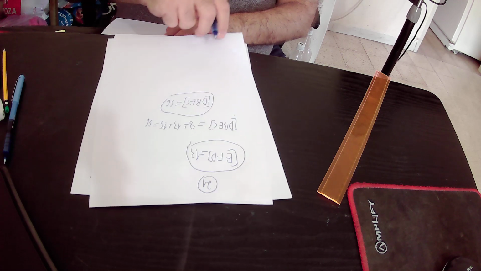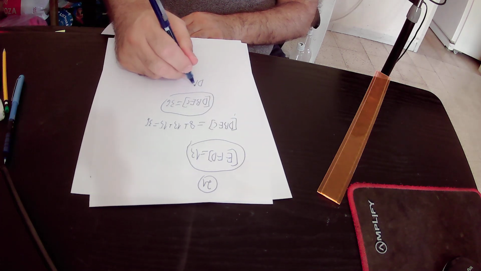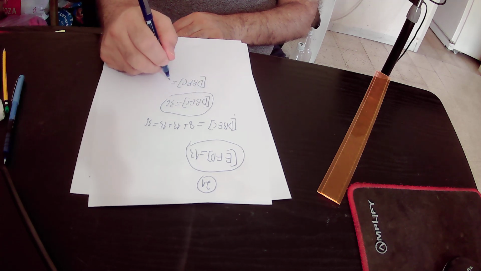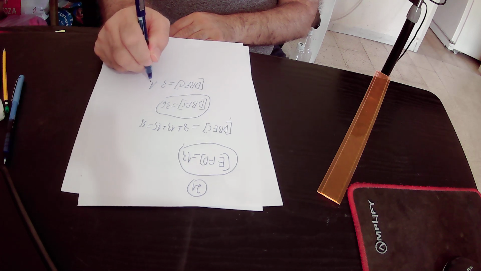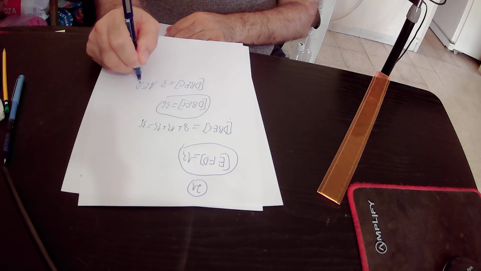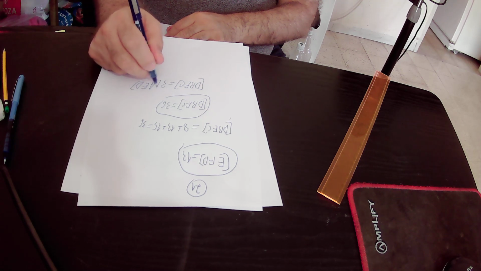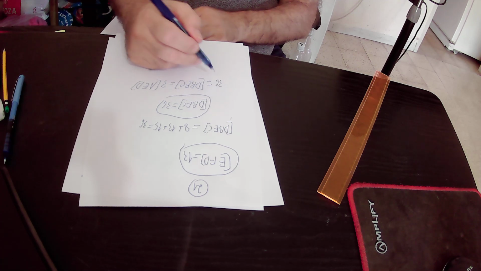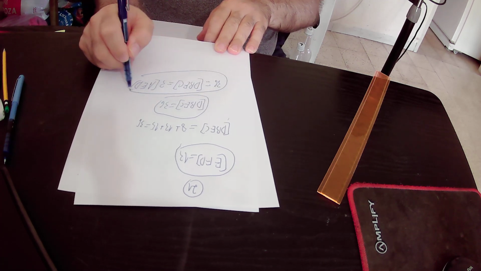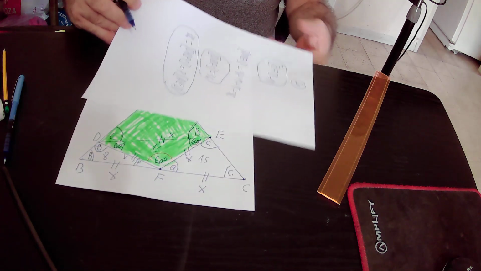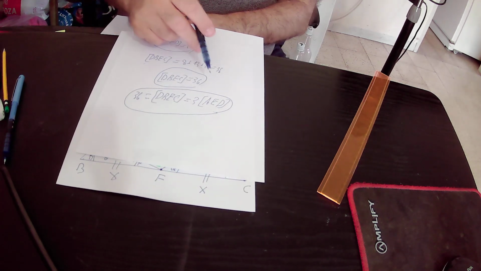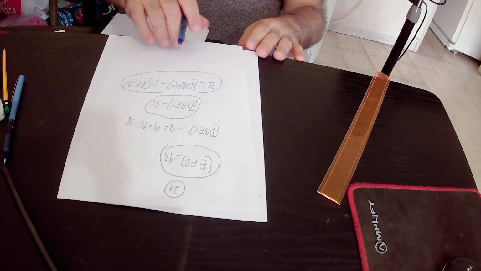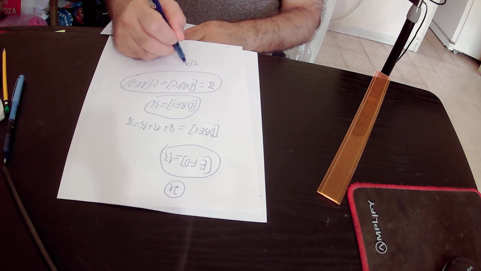But we have already found out that the area of quadrilateral DBEC equals 3 times the area of triangle AED. And we know that the area of DBEC equals 36 square units. So from this equality, we can derive that 3 times the area of triangle AED equals 36 square units.